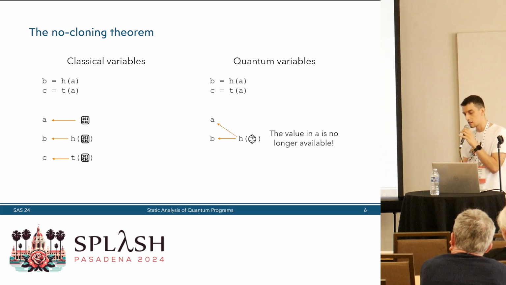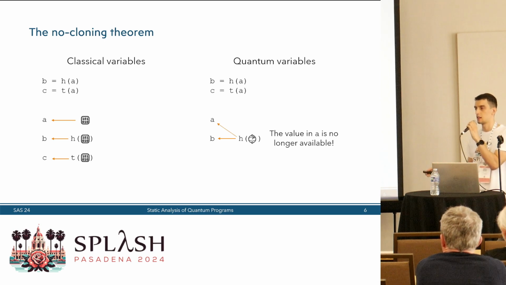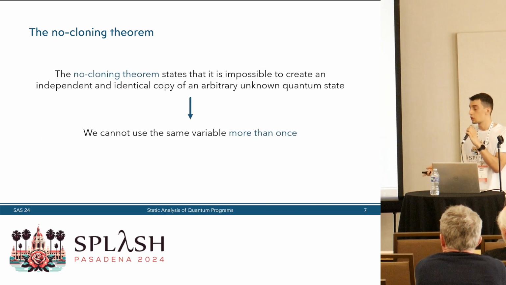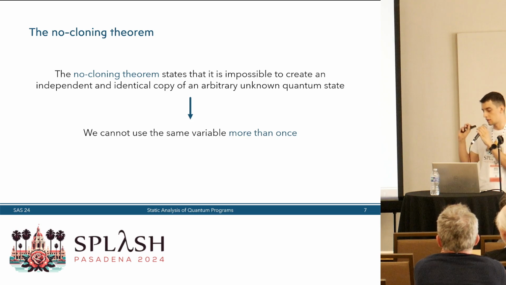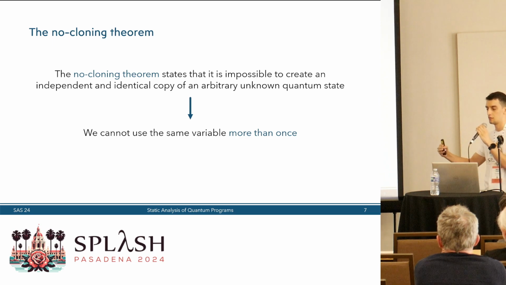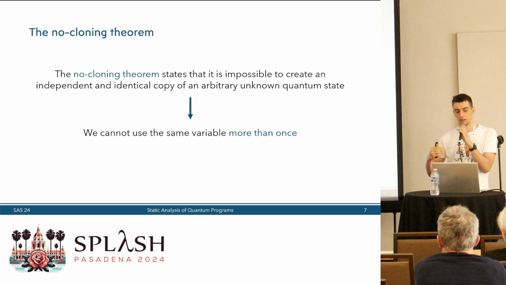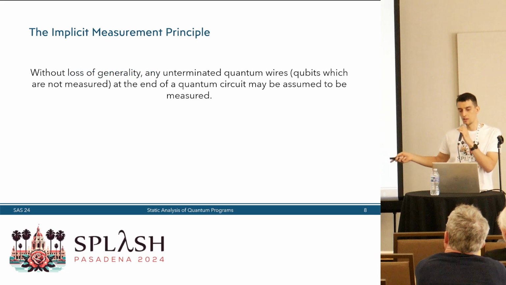So in general, if we want to avoid having some side effect similar to what we have with pointers, due to the no-cloning theorem, we cannot use a variable more than once.